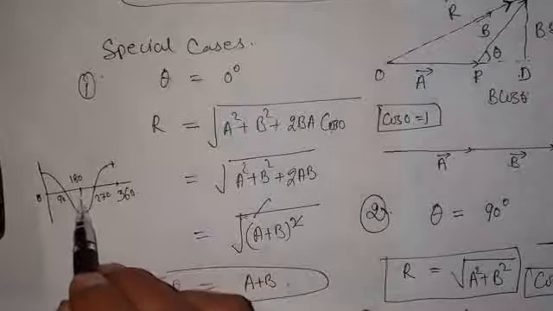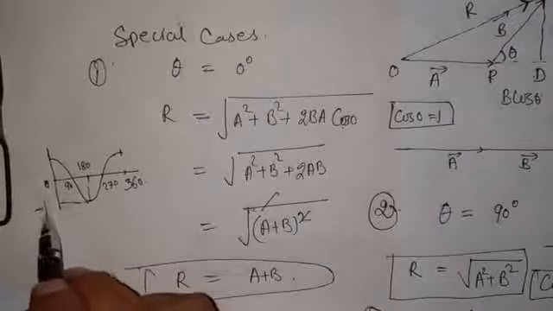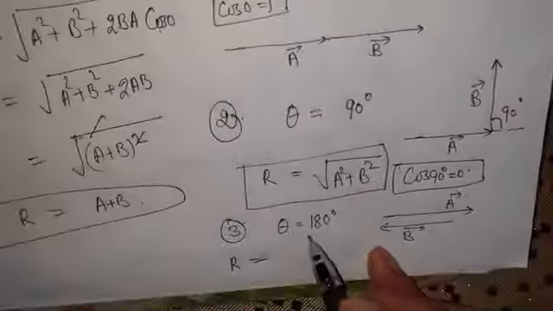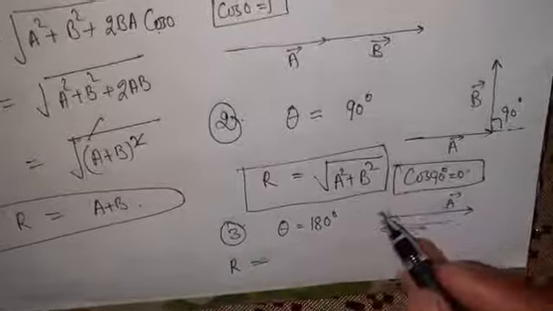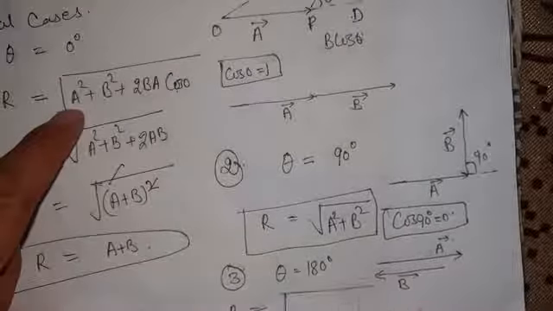So at this 180 degree you will find that it will have its negative value, so its value is going to vary between +1 and -1. Therefore at 180 degree cos theta will be minus, so thus we will get this as under root of a square plus b square.